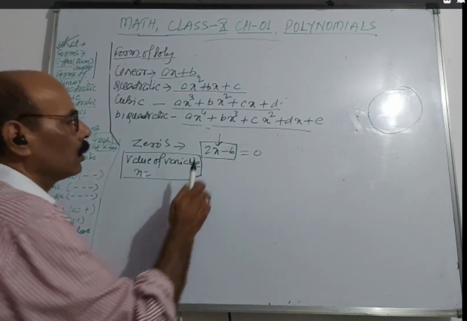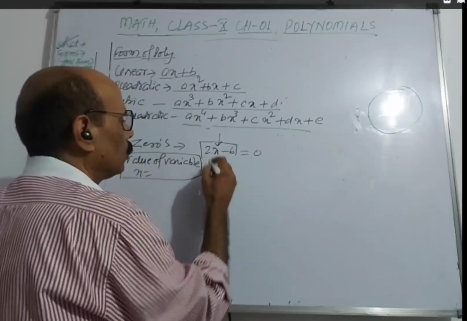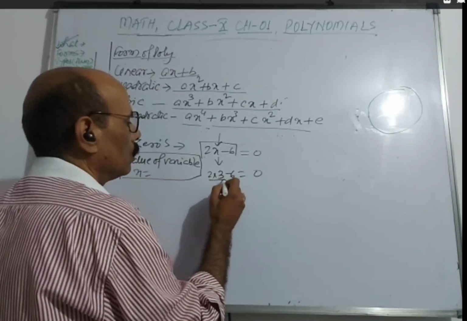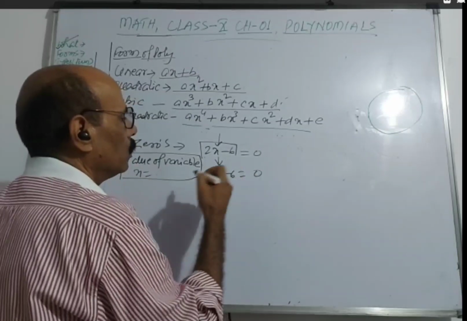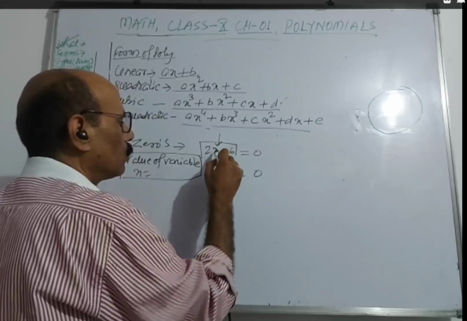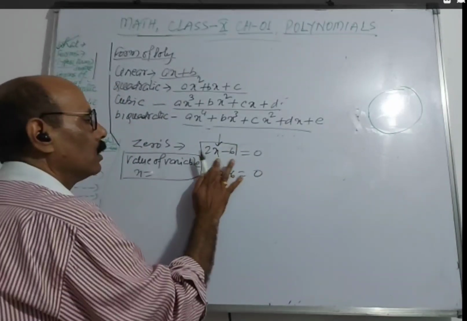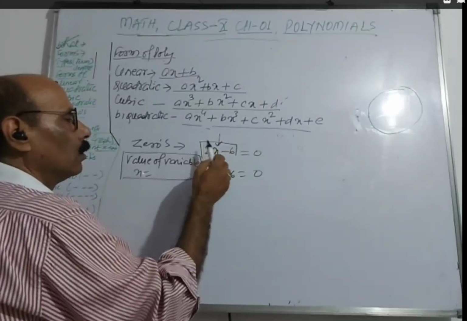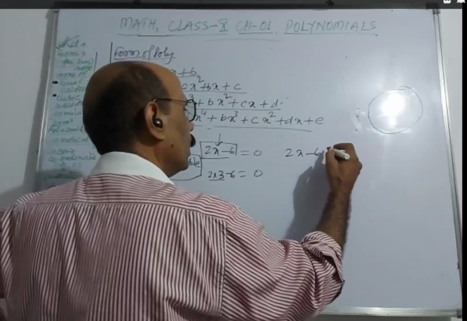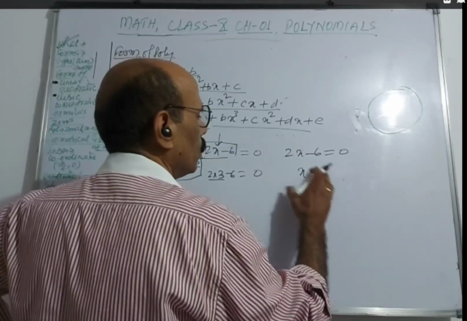Here see, if you write the value 3, then 2 into 3 minus 6: 2 threes are 6, minus 6, 0. That means the value 3 of this variable made this polynomial 0. In a simple way, how do we calculate? We just take the polynomial, put it equal to 0 and take out the value of x.